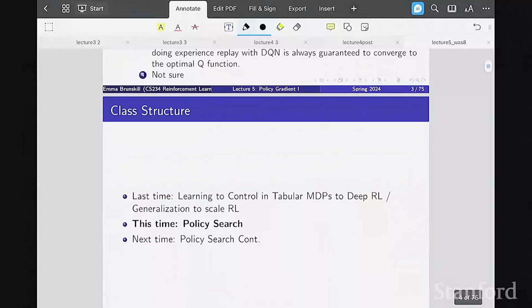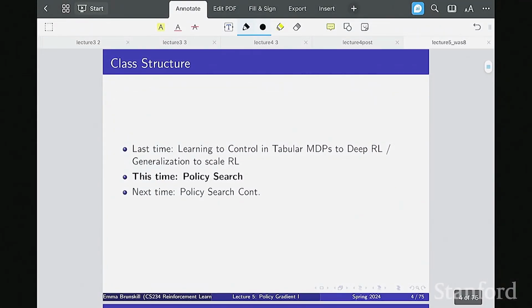Great. So far in the class, we've talked a lot about value function-based methods, where we had an explicit representation of the expected sum of discounted rewards starting in a state, or in a particular state and action. So we talked a lot about value functions and Q functions. Now we're going to talk a lot about policy search.